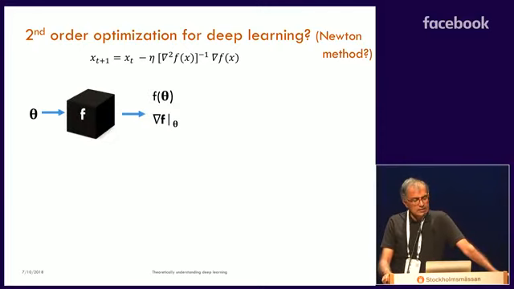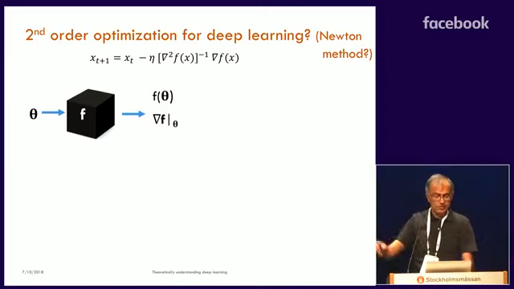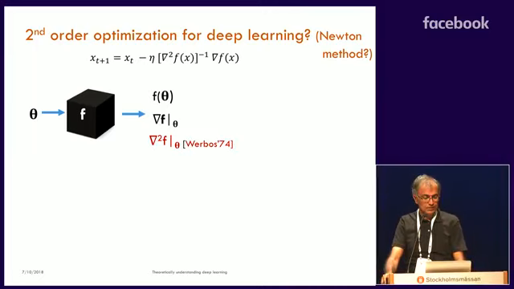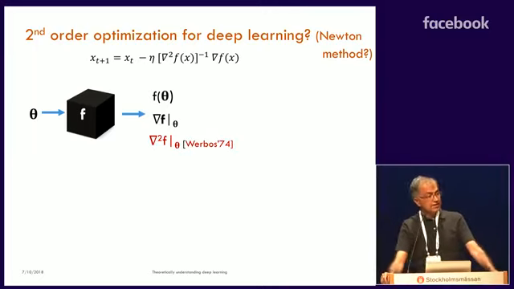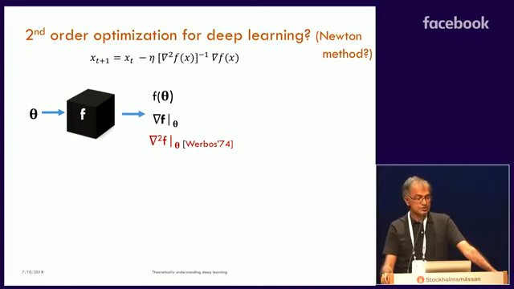Now, remember, we're in the black box model, so all we have is the value and the gradient. So far in the black box model, we don't even have the Hessian. Turns out, even back in 1974, Werbos showed that backpropagation can also compute the second derivative quite efficiently.